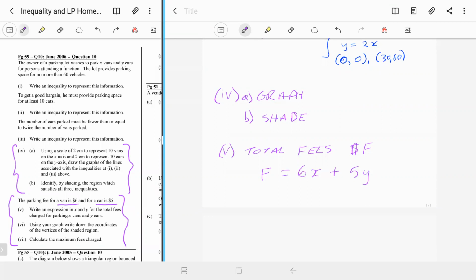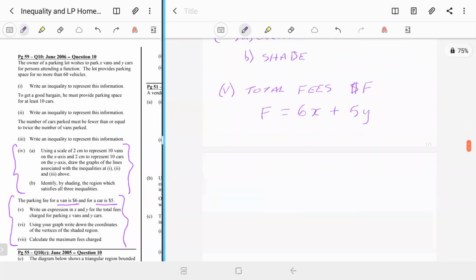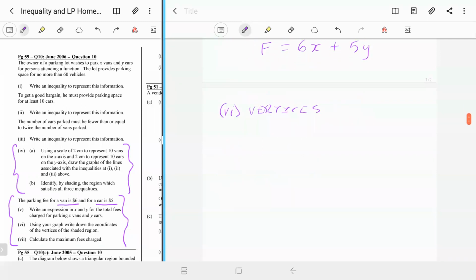Then part 6 says, using your graph, write down the coordinates of the vertices. I'm going to put a section for that and do it afterwards. When we reach it, vertices. I'll leave some space for the vertices and come back and do it.